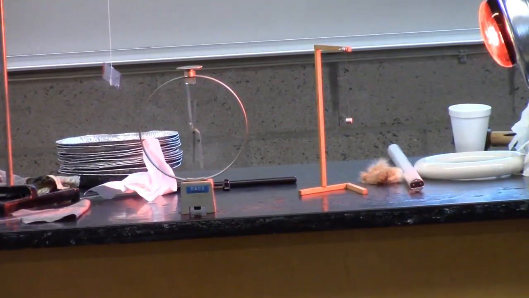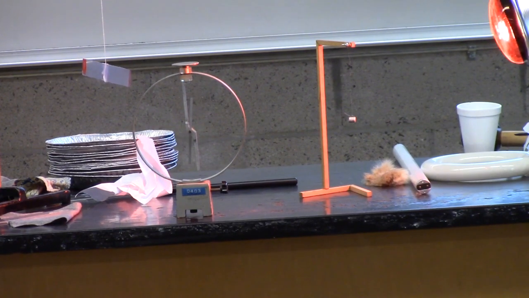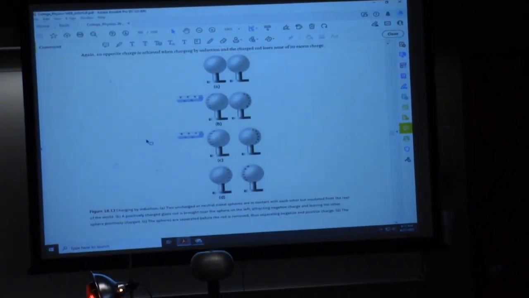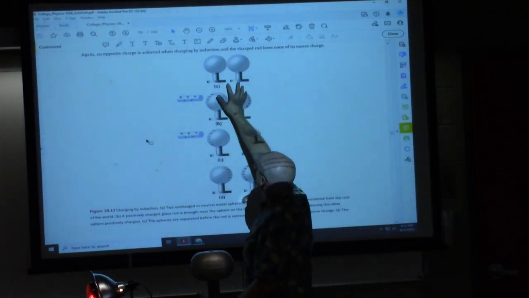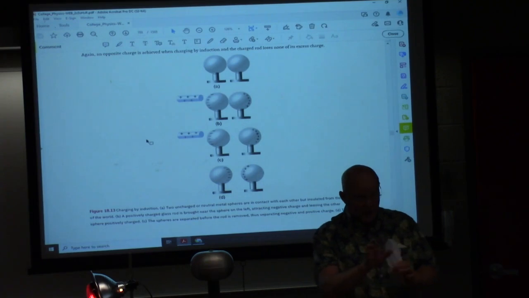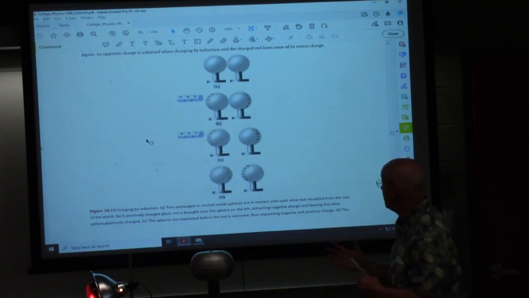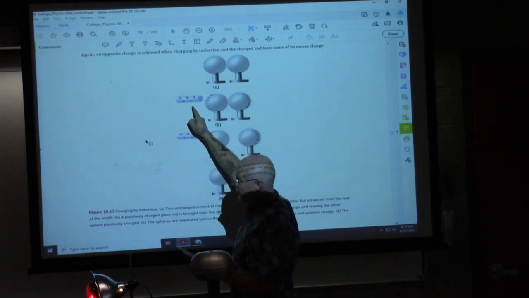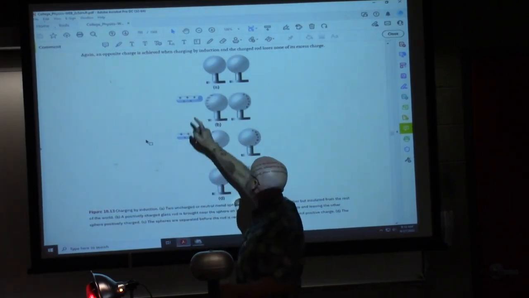Now before I actually try it, maybe we should look at this picture. So in picture A, we have two spheres right next to each other that we can then separate. So I would say our three objects are going to be this. We've got a positive rod, and I'm going to use the negative one because mine works a little better.